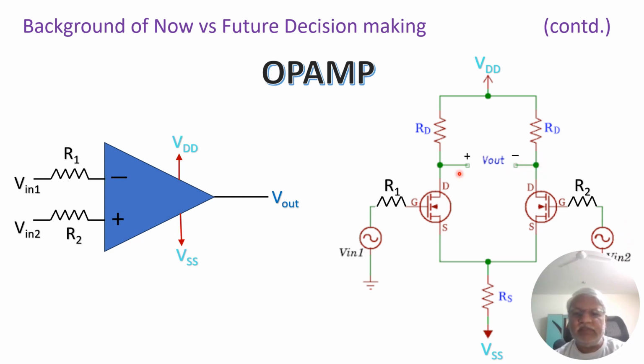However, based on the collection of the input, you will see that this is minus and positive. What is collected here as the final output is actually the opposite of it, same as that of Vin2. So this is called the non-inverting input.